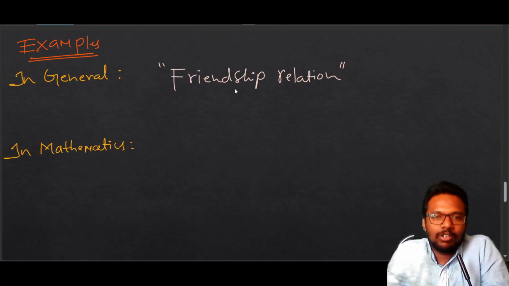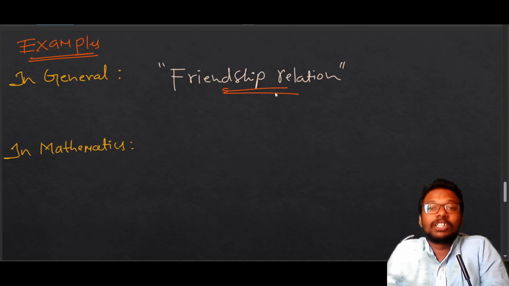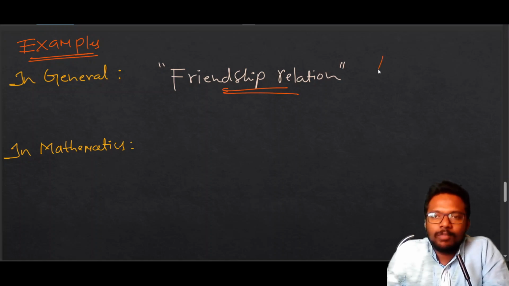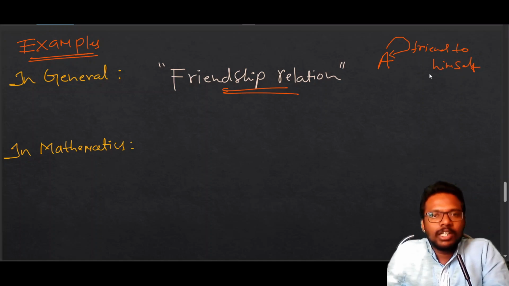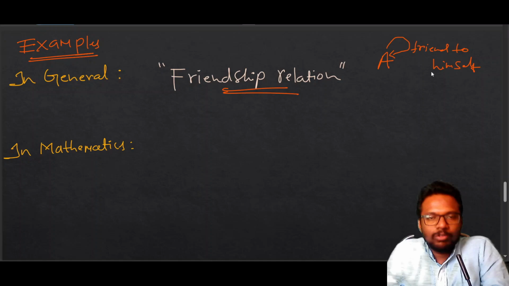In general, I have considered a friendship relation. If, for example, A is a person, he can be a friend to himself. Any person in the whole world can be a friend to himself.